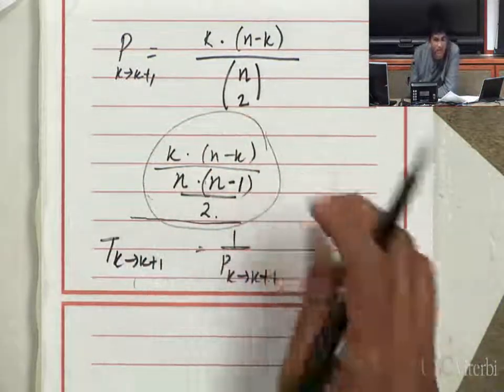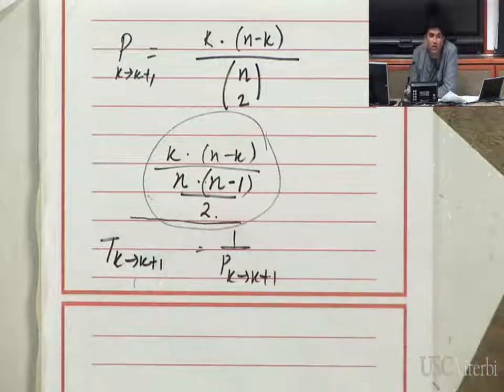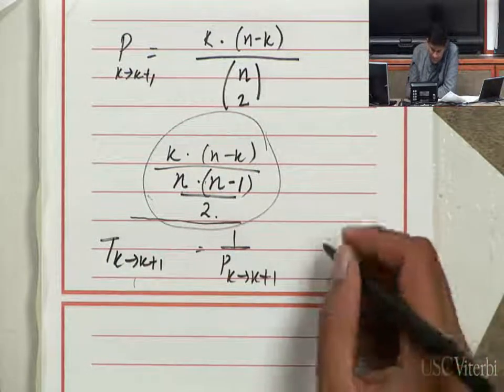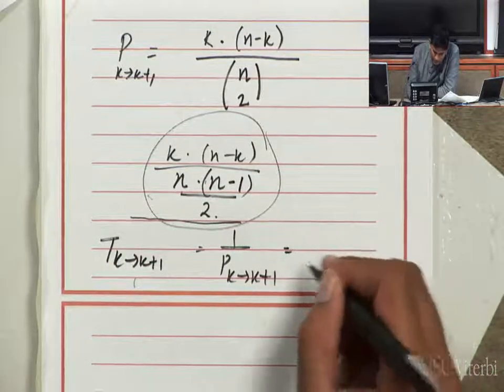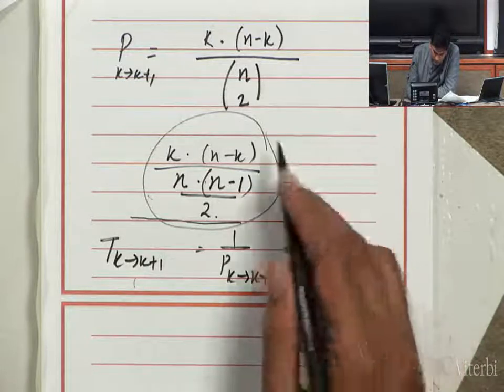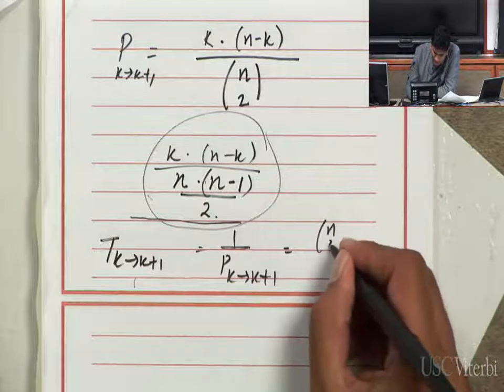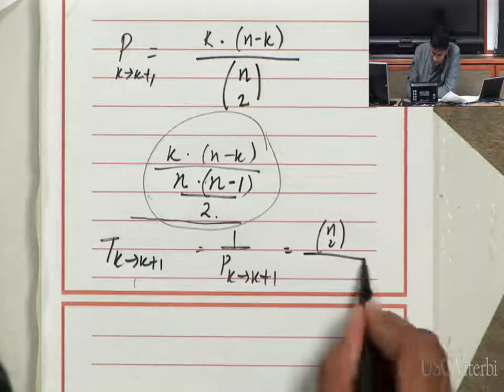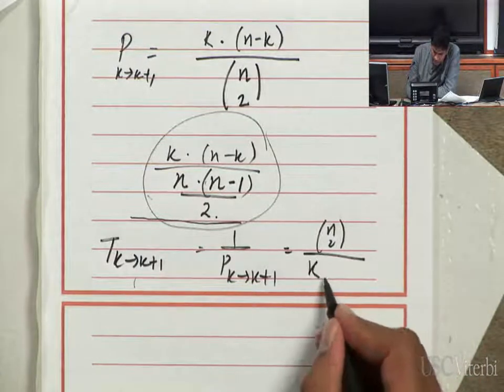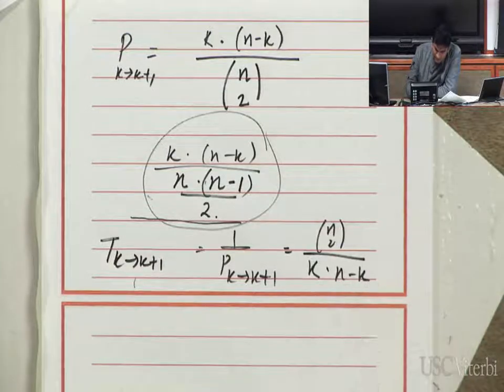Each time with this probability I have that event happen, I'm asking how long till that event happens. So that would be equal to 1 over this. Let me leave it as n choose 2; we'll see it's going to factor out, I think. N choose 2 over k times n minus k.